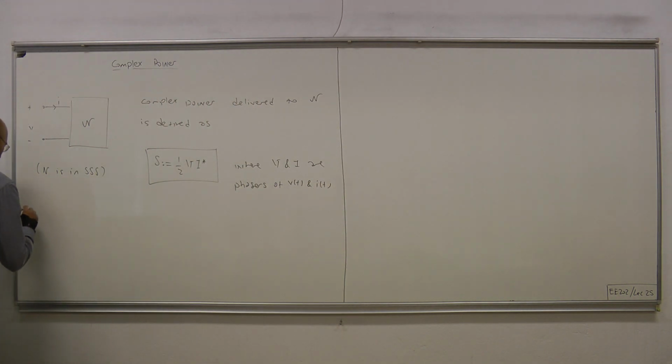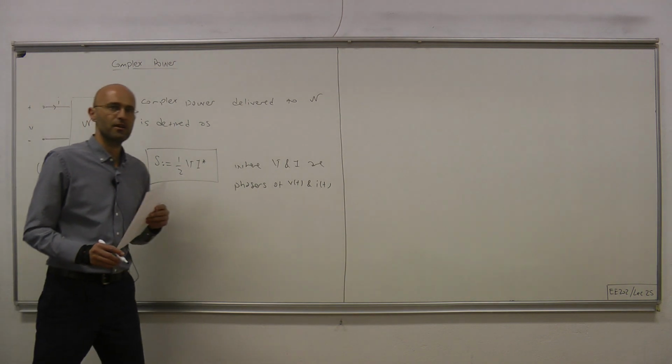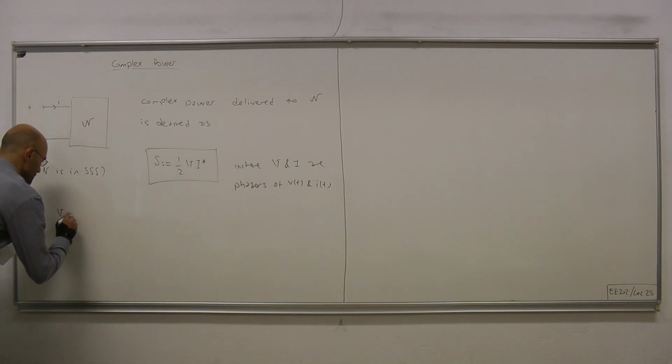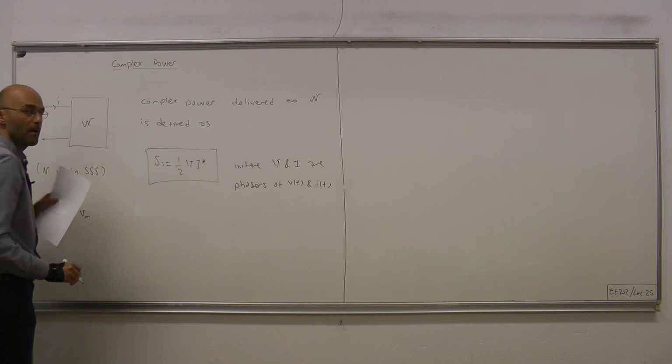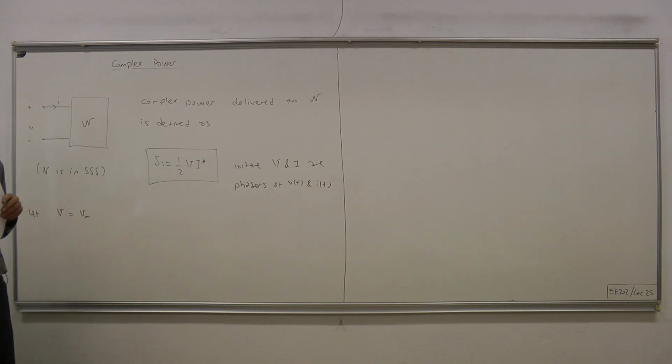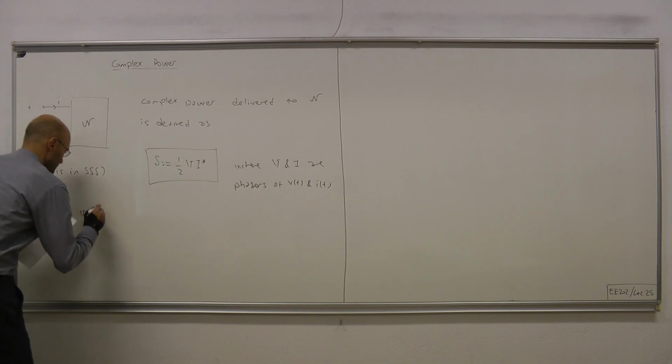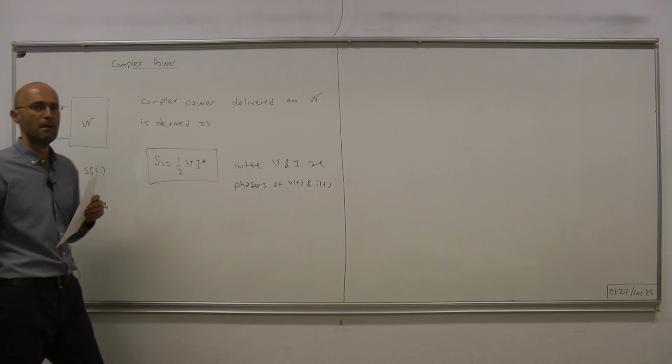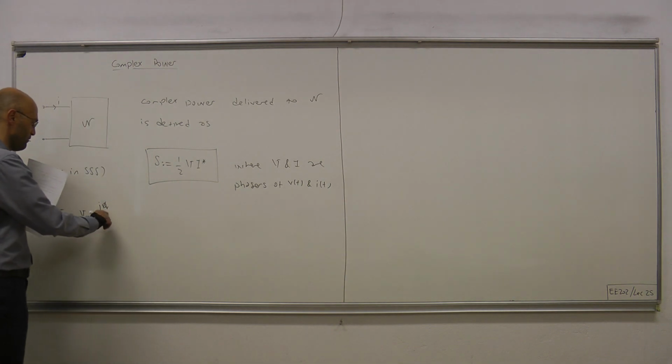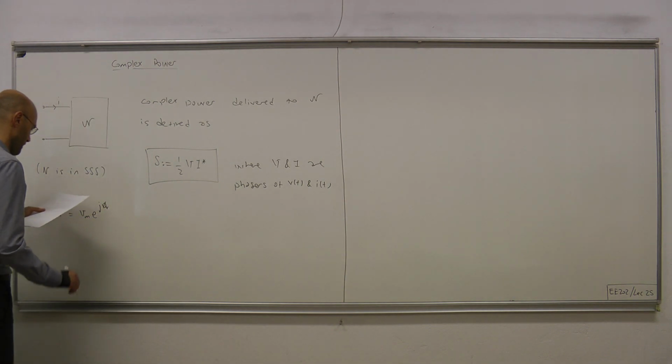Now let us write the voltage phasor in polar coordinates, which equals some positive real number, namely the magnitude of the phasor, times e to the j times some phase, and that phase is the phase of the voltage.